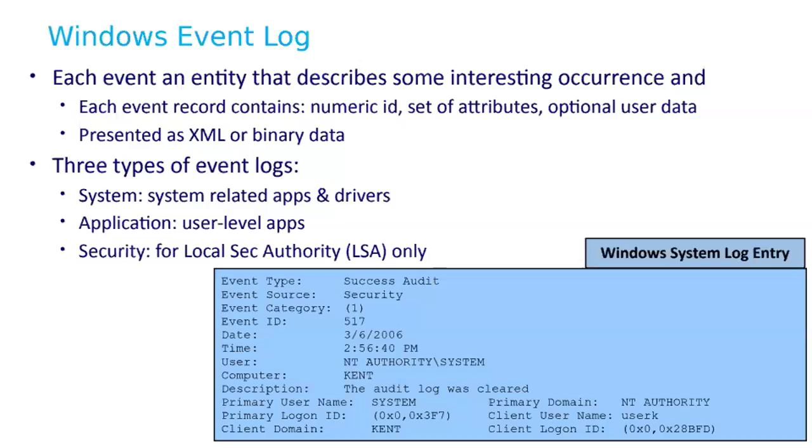The Windows event log provides a very detailed and structured way, as you can see in the example, to record important operating system, application, and security events. By organizing the events into the system, application, and security log, the administrator can efficiently locate the relevant information during troubleshooting, performance monitoring, and security investigations.